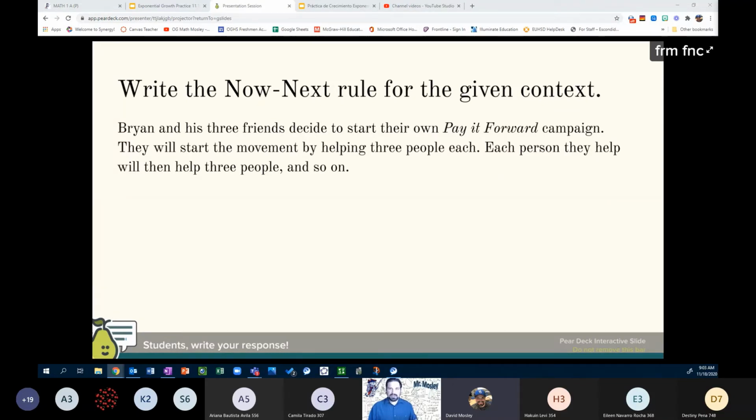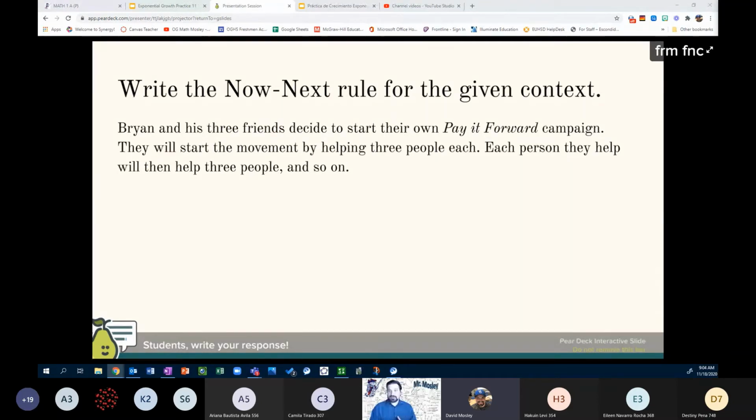It should be now times the number equals next, and so on. Okay, good. And be careful again, this is the same context as the previous question.